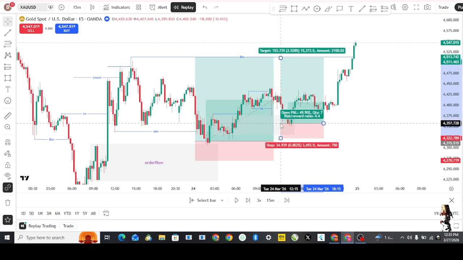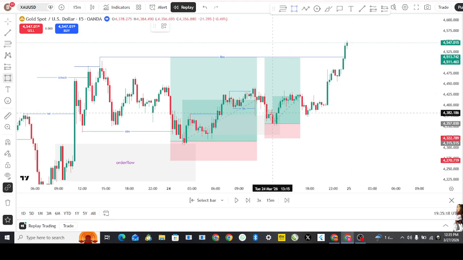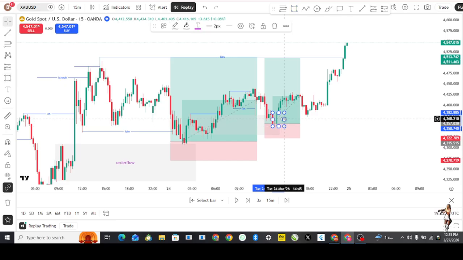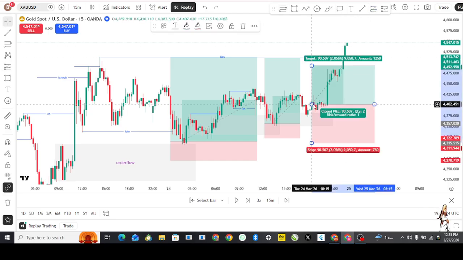You will be targeting this up again. So when you have a running signal, you can still add more to your position. If you miss this entry here, you mark this, this is your valid order block. You still want to get another entry from here again.